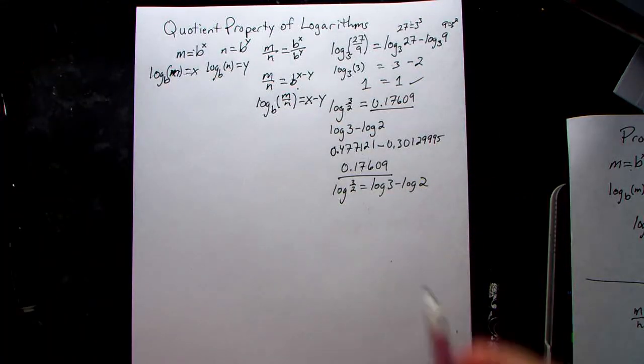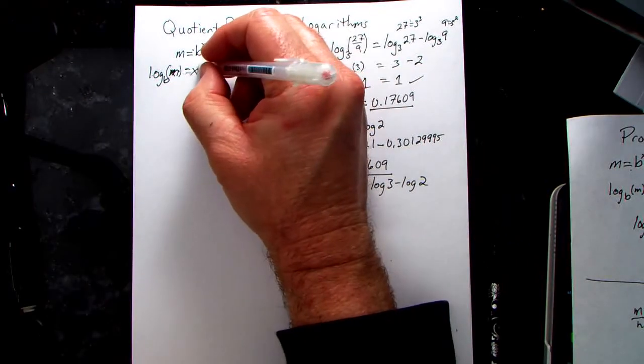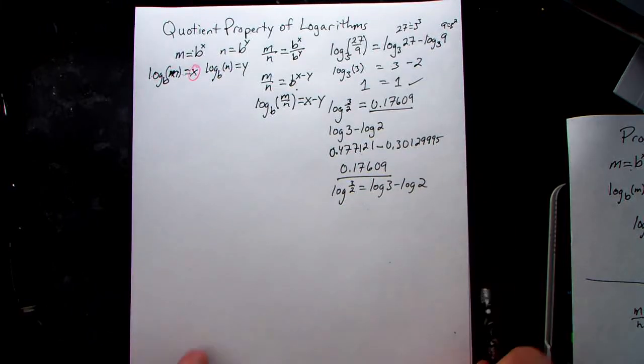And we have other ways that we can write x and y, because we know that x is equal to log base b of m.